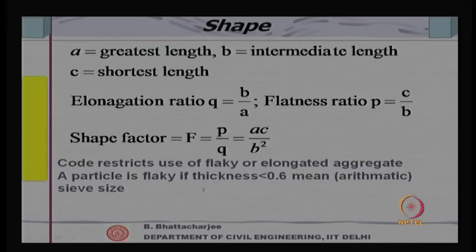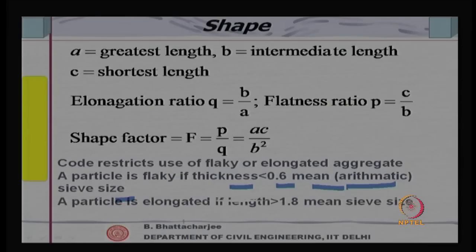A particle is flaky if its thickness is less than 0.6 of its arithmetic mean sieve size. The mean is calculated on the basis of the arithmetic sieve sizes. If it is less than 0.6 of the mean sieve size, then you call it flaky.